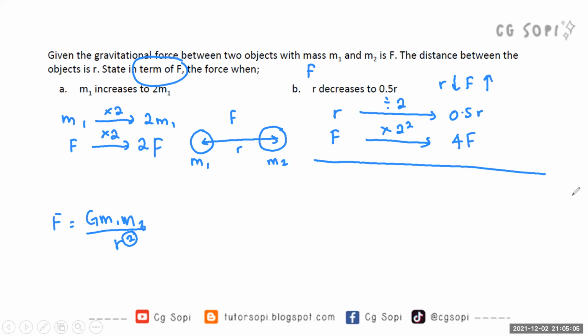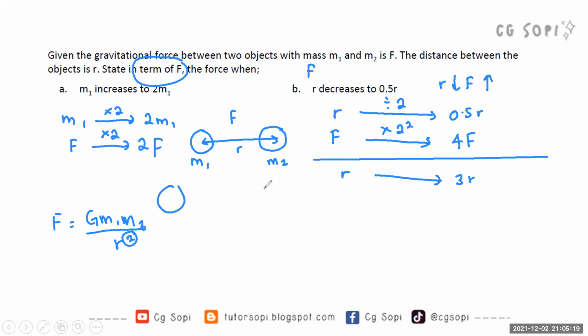Let's do another example. Now R increases to become 3R. Initially it's R, but now they make it further, so it is 3R. The drawing is not accurate, but yes. To go from R to 3R, you multiply by 3.